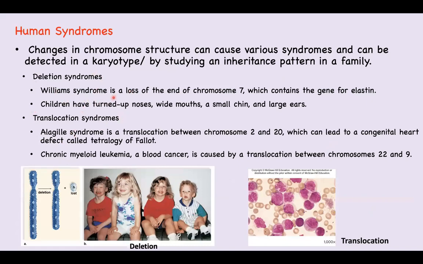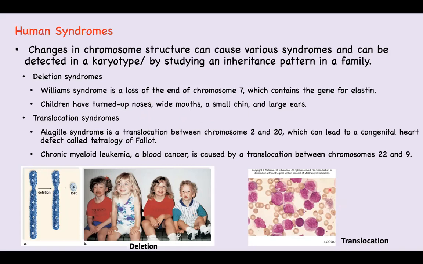Kita ada Williams syndrome kalau deletion. Loss of the end of the chromosome 7 which contain gene for elastin. Okay, children have turned up nose. Okay. Dia macam wide mouth, a small chin and large ear. Tengok dia punya ear dia. Okay, so this is contoh deletion syndrome.